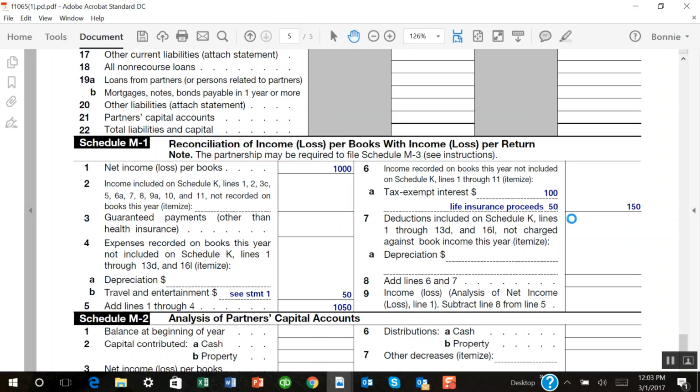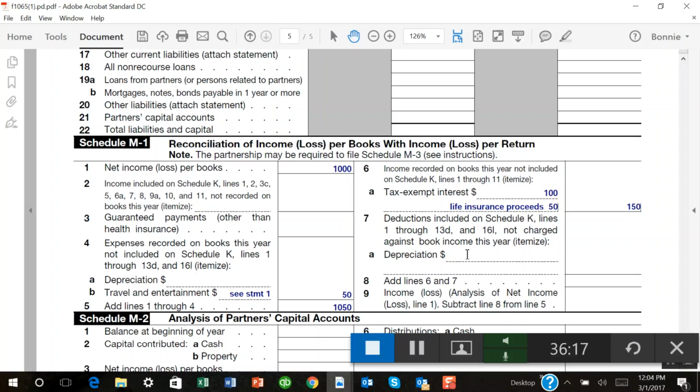So now I'm going to add the 100 and the 50, and I'll have 150 here. Okay? And so now line 6 and 7, the sum of that is going to be, oh, and here, let me explain this. So you might have a situation where you have been depreciating something for book purposes straight line over 5 years.